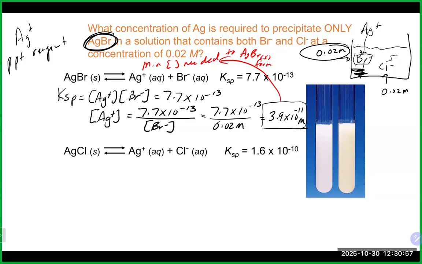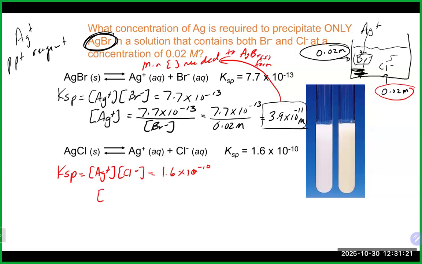So again, if we write our Ksp for silver chloride, it is the silver concentration times the chloride concentration, and that equals our 1.6 times 10 to the minus 10. Again, we do know the concentration of the chloride that's in the solution. It is 0.02 molar.